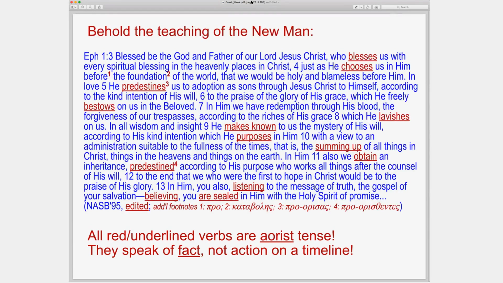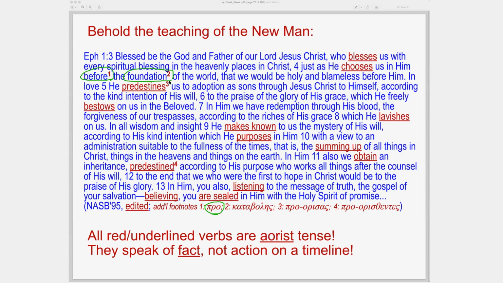In fact, even the words, I've got a few footnotes here: this before is pro, which means ahead of something in time. Foundation is katapoles. You can look that up. The casting down of the world, ahead of the casting down of the world.